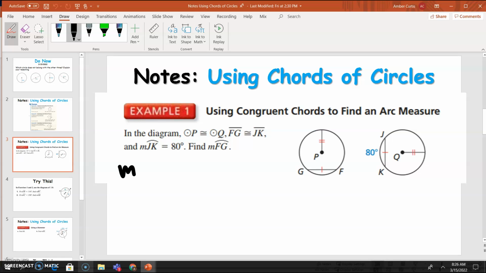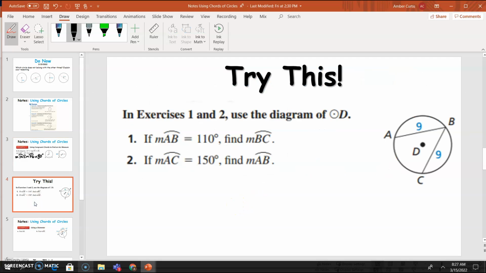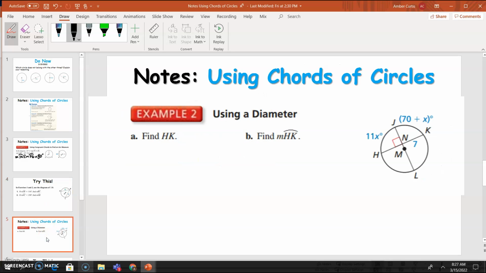So if the measure of JK is 80, we know that it's congruent to FG, so it is also 80 degrees. Now try these two, and then I'm going to show you the next example.